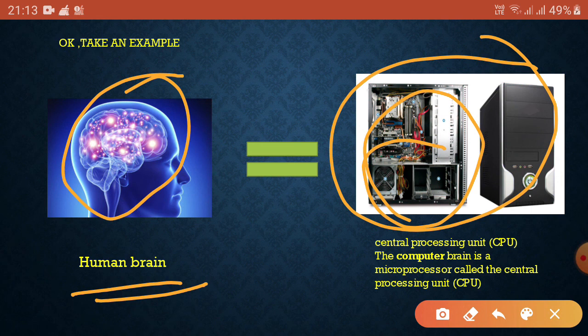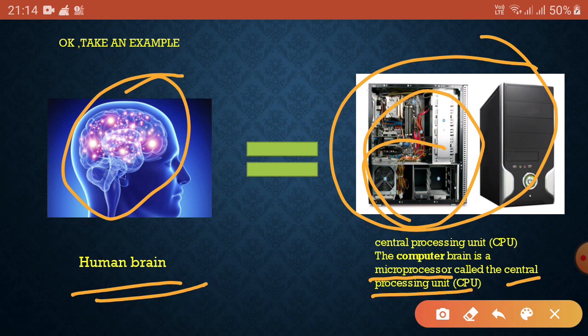We can say that the computer brain is a microprocessor called the Central Processing Unit. Here you have a new term, microprocessor. It is very clear that it is a processing unit, so its task is to process something, that is, some program.